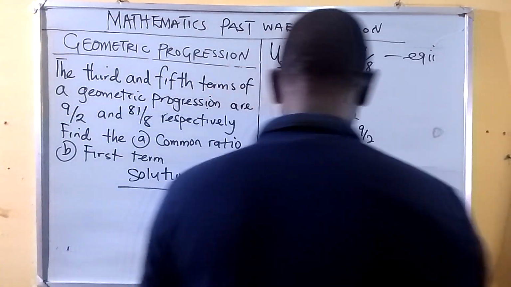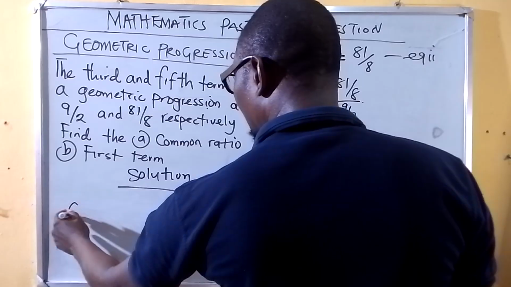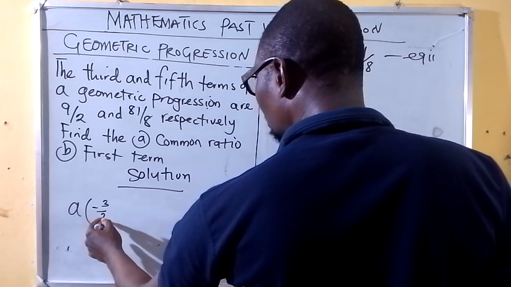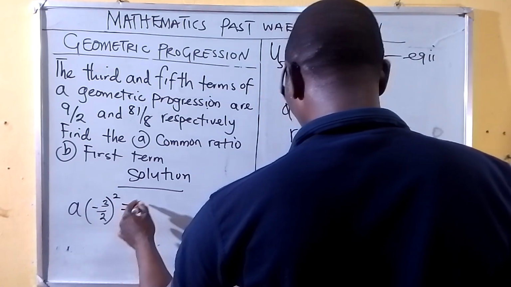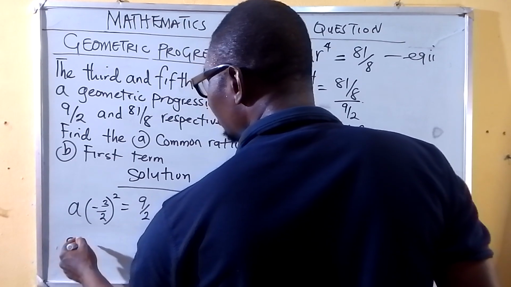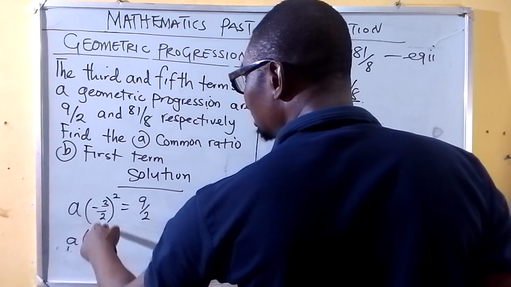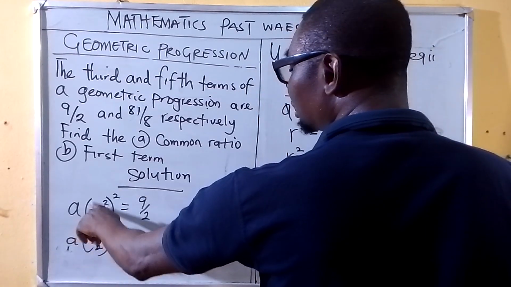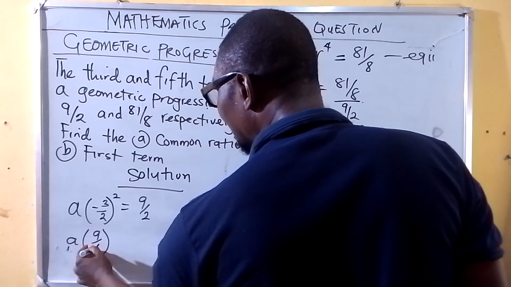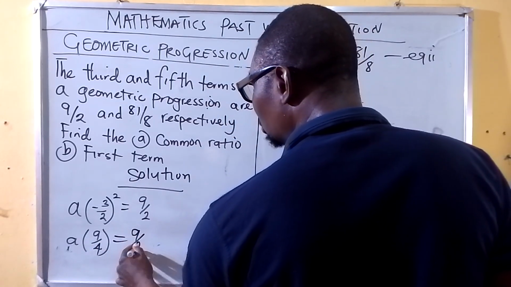But when R is negative, I'm going to have A times minus 3 over 2, all squared, is equal to 9 over 2. Therefore, A times the same 9 over 4, because minus 3 over 2 squared will remove the negative sign, is equal to 9 over 2.